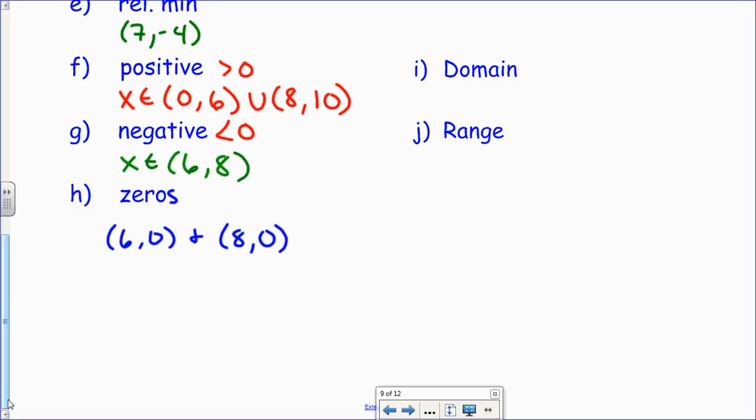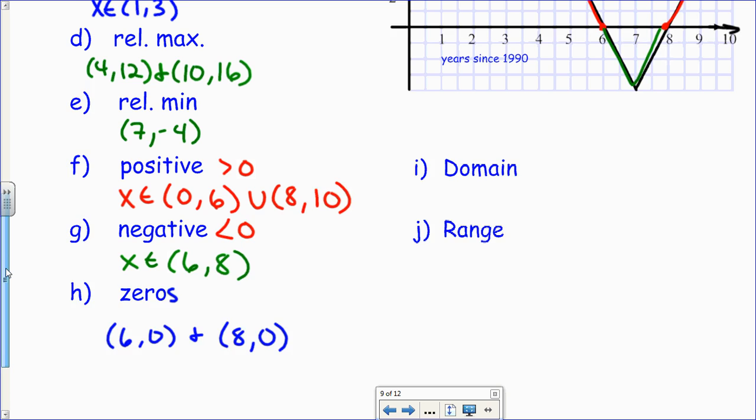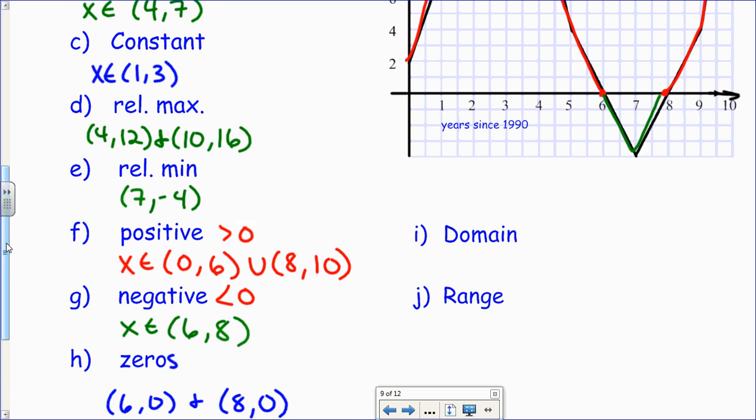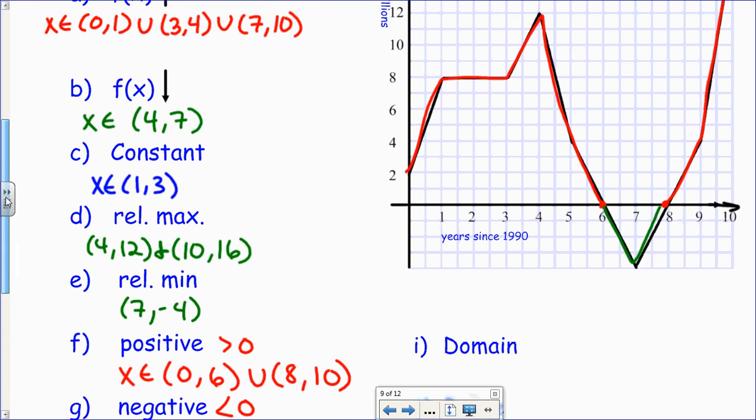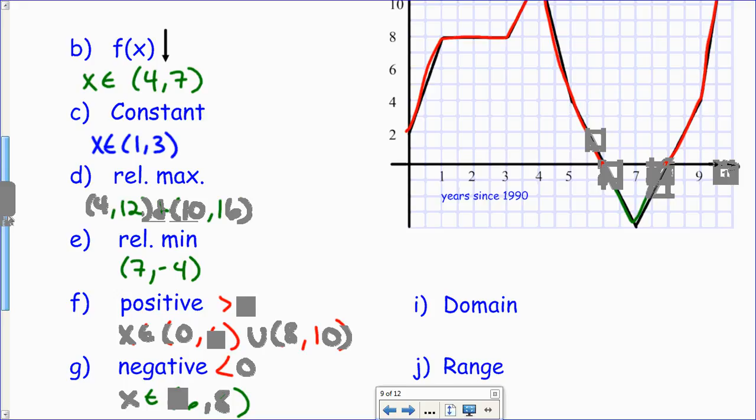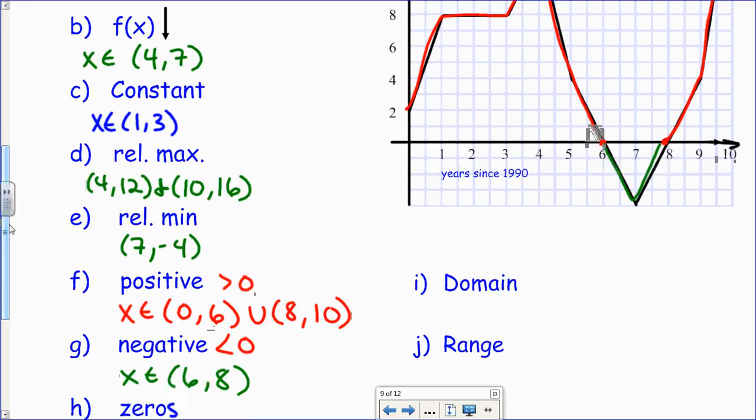And then finally, we'll look at domain and range. Domain and range will bound this graph. We want the entire set of x values, the entire set of y values. This graph is just analyzing from the year 1990 to 2000.